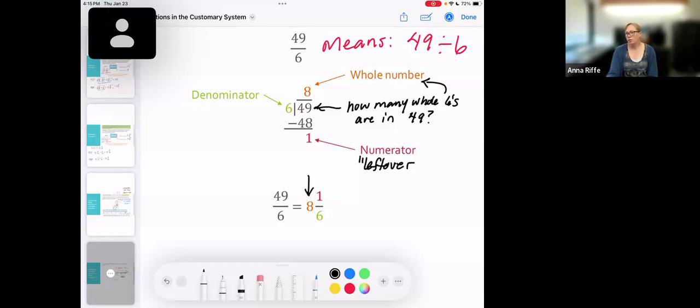The whole number of 6s that I took out of 49 becomes the whole number part of the mixed number. The leftover becomes the numerator of the mixed number, and the denominator stays as 6. It did not change.